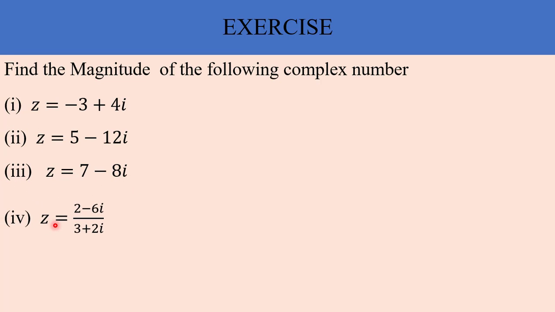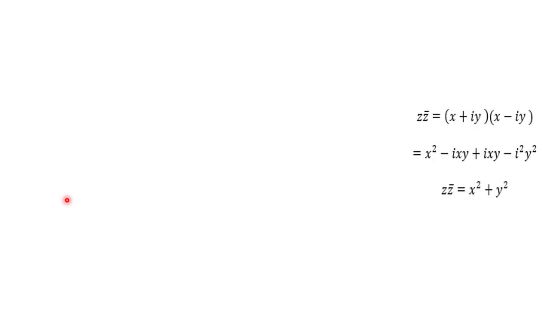Number 4, z is equal to (2 minus 6i) over (3 plus 2i). And number 5, z is equal to 4i divided by (1 plus 5i) squared. So try these numbers while at home, so that in the next lecture you present the answers to these questions.